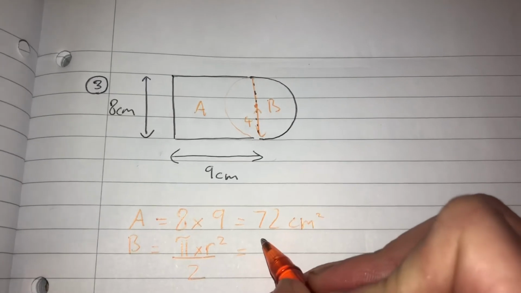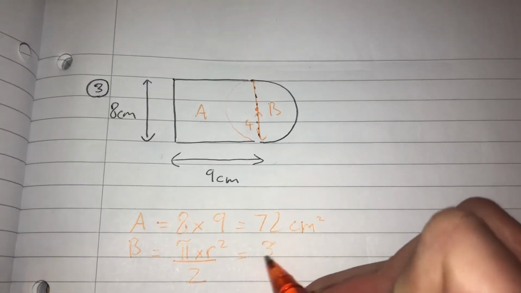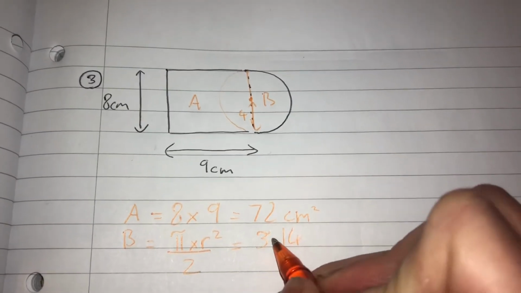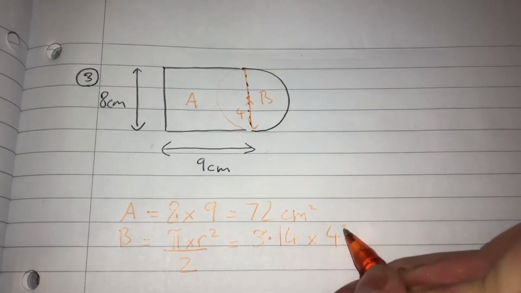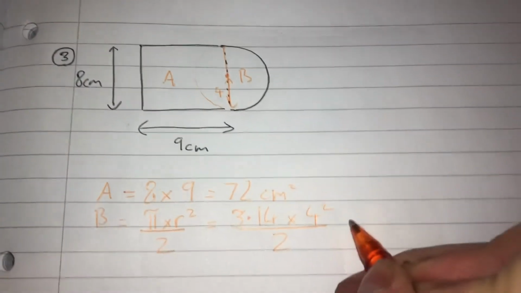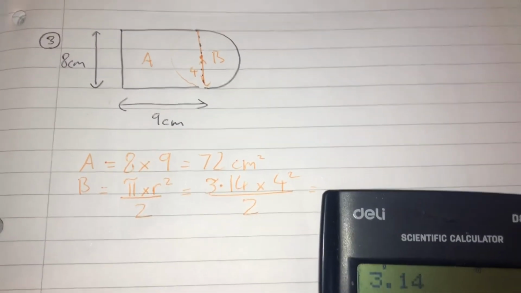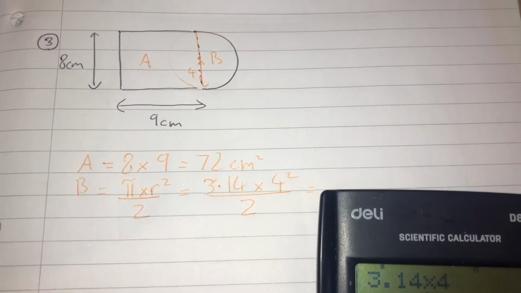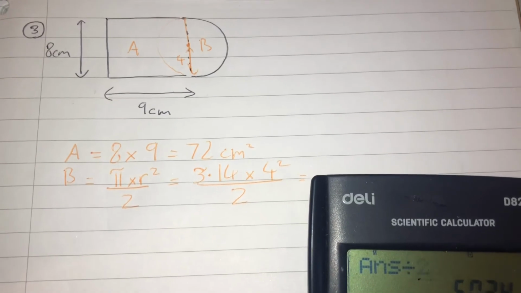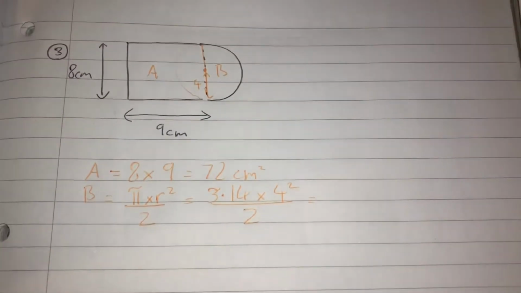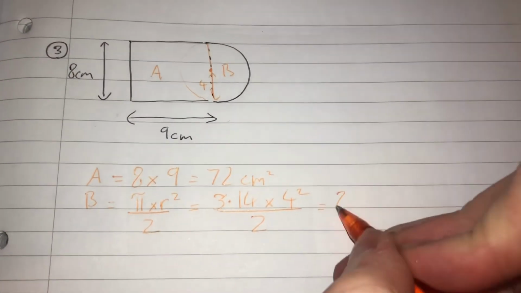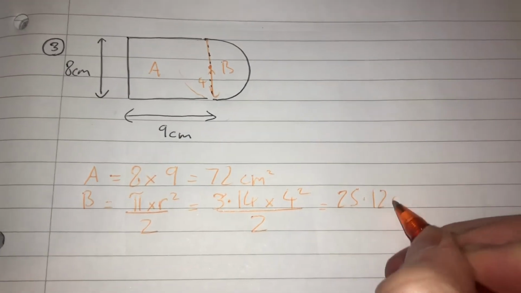So we're doing pi, which is 3.14, times 4 squared, and we're going to divide that by 2. We'll use a calculator for this. 25.12. So 25.12 centimeters squared.